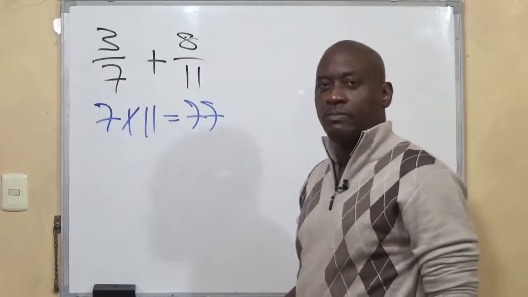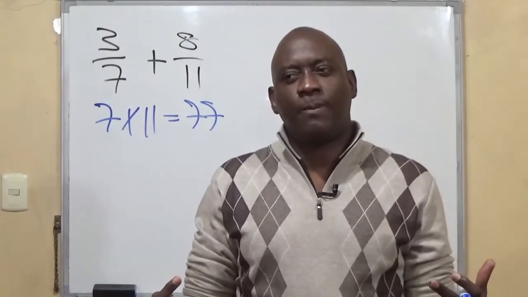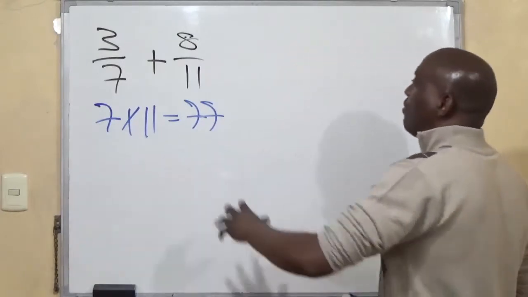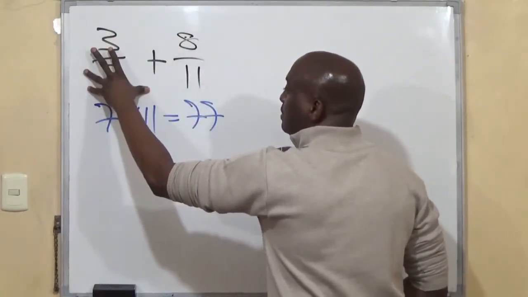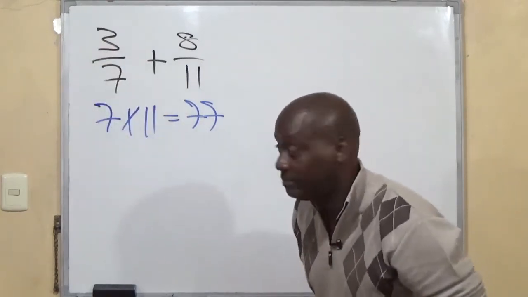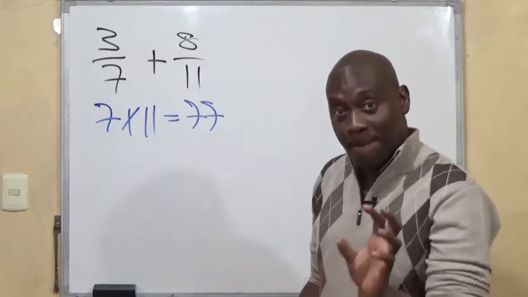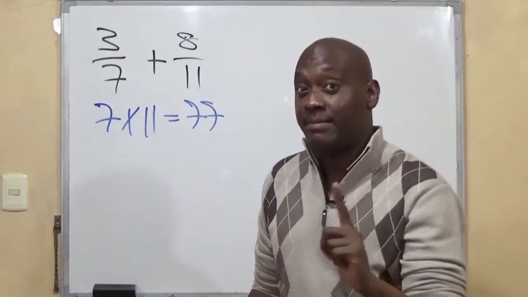Now, what this allows us to do is write both of these fractions as fractions where the denominator is common. LCM, common. And that common denominator is 77.